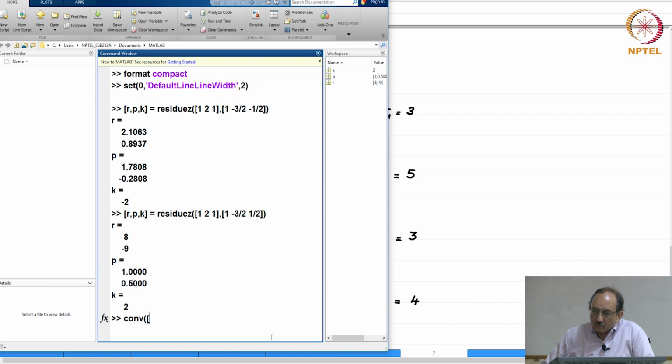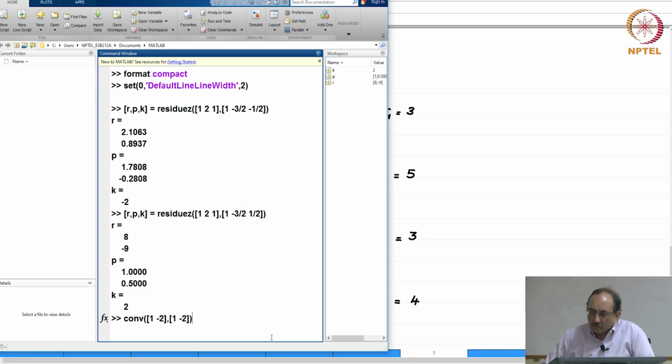Therefore, remember you have to give this as a vector, you have to expand the denominator and give the coefficients as vectors, alright. So, 1 minus 2 Z inverse whole cubed is 1 minus 2 convolved with itself 3 times. Therefore, you can get the denominator polynomial vector using convolution. So, 1 comma minus 2 convolved with 1 comma minus 2.